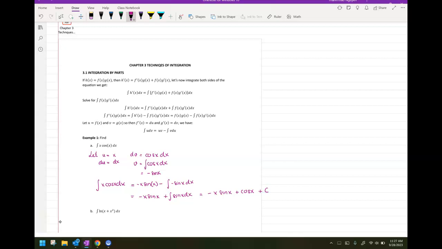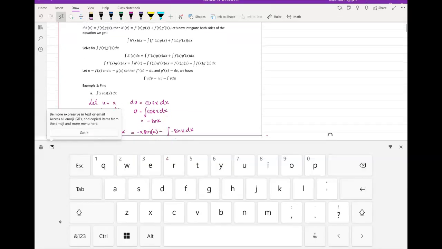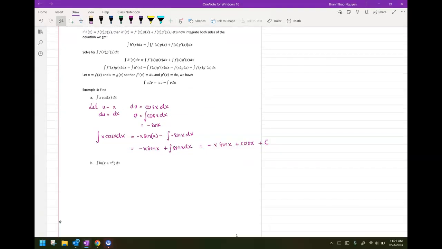Now note that when we do this type of problem, we let one part of the integrand equal u and the other part equal dv. The next thing we do is find du, and then we find dv.